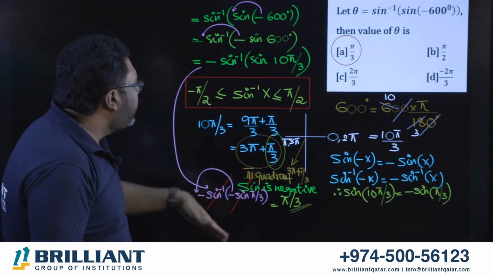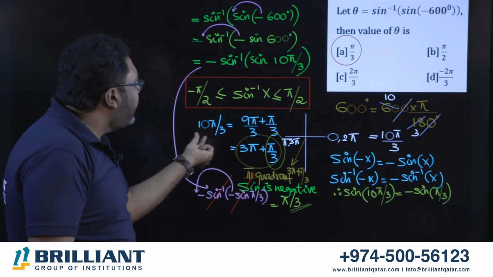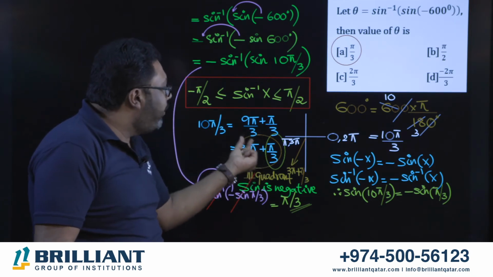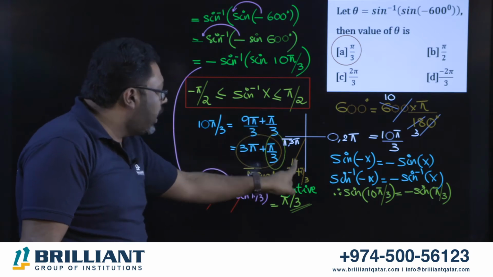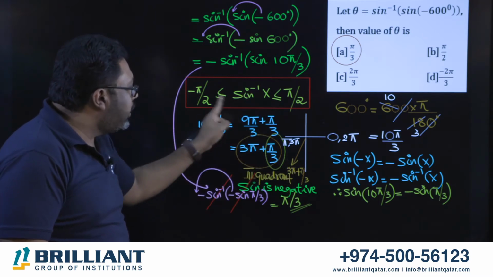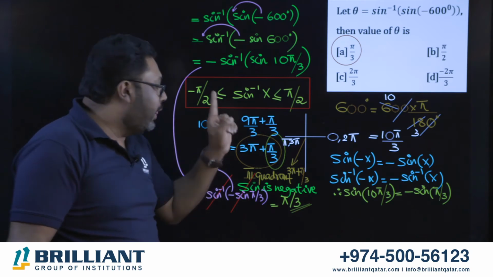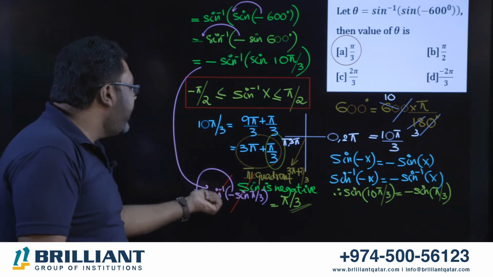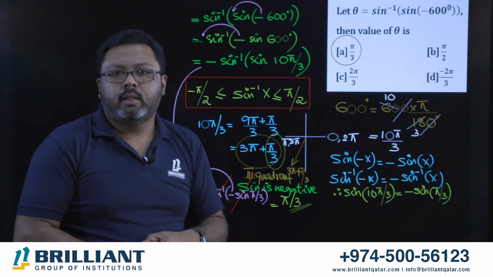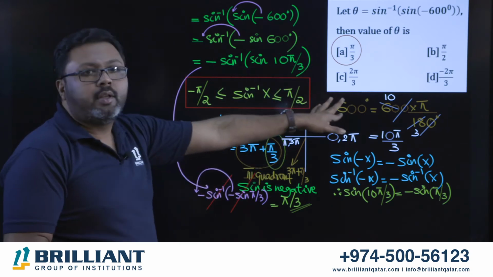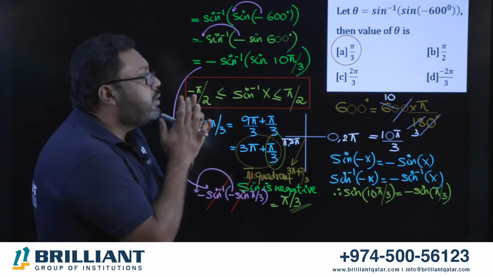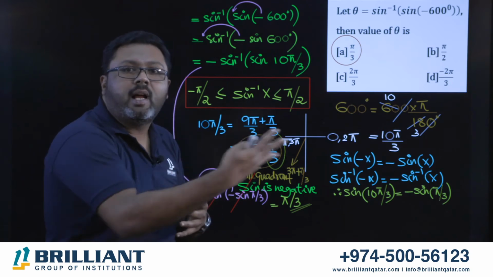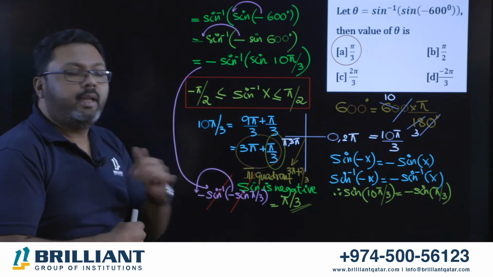Fourth, I had to convert my 10 pi by 3 into an allied angle 3 pi plus pi by 3, which is in the third quadrant, and in the third quadrant sine is negative. So that brings out one more sign and you have to make it positive. So many concepts. Learn it. Not that this question is so important, but it involves a lot of concepts that could come in other questions. Okay? Next question.